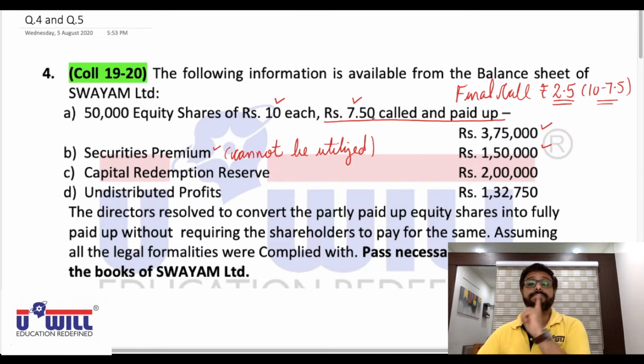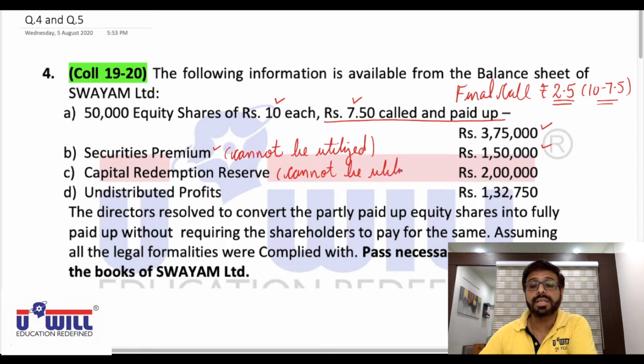We studied that capital redemption reserve and security premium cannot be utilized for partly paid bonus shares. Okay? Security premium cannot be utilized, also capital redemption reserve cannot be utilized for partly paid bonus shares.